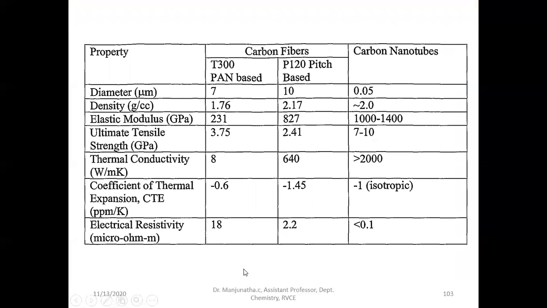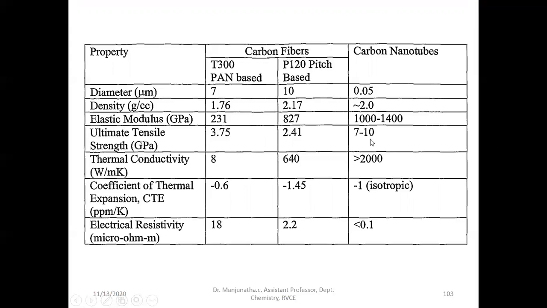So these are the other properties compared with carbon fibers. Look at this diameter, CNT is the very, very thinnest material, 0.05 micrometer. And density is almost the same as that of carbon fibers. Elastic modulus is very, very high compared to carbon fibers.